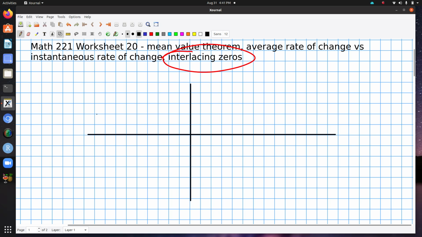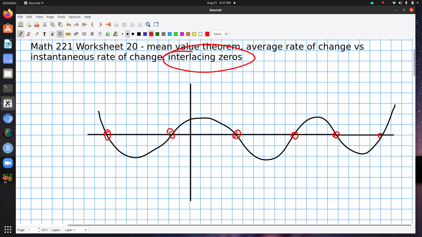It's the x-axis we care about. We're just looking at how many times you get zeros in this function. And the trick we're using here is between each pair of zeros, the derivative is going to somewhere have a 0. Okay, and that's based on the theorem we just did.